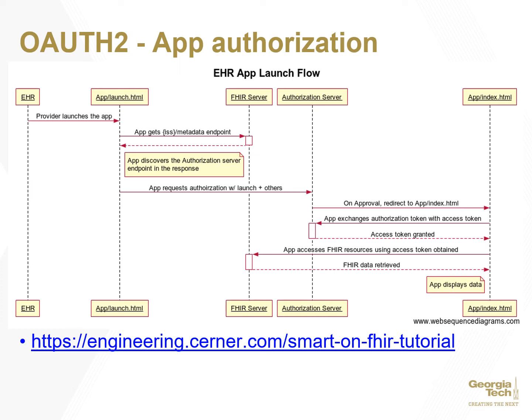Once validated, the authorization server sends back an authorization code. This code can then be exchanged with an access token. Once the app has that access token, it can then make FHIR resource calls against the FHIR server. However, it can only access the patient that is in context and to FHIR resources defined by the access token.